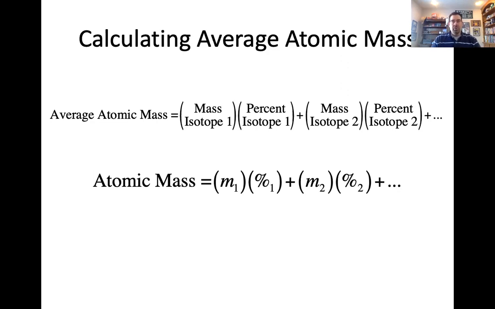Atomic mass is equal to m sub 1 times percent sub 1 plus m sub 2 times percent sub 2, and so on. Then you can just use this equation to do the substitution instead of using the more lengthy, wordier equation that I know you will not want to do. Okay, let's take a look at a couple examples.